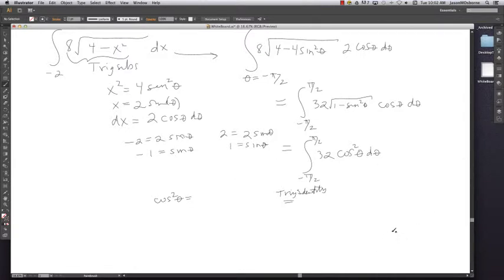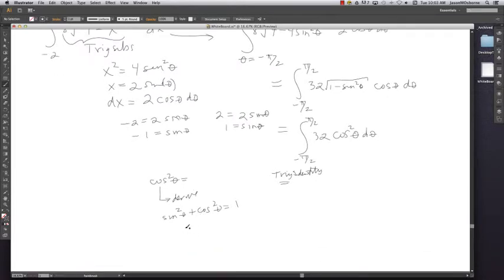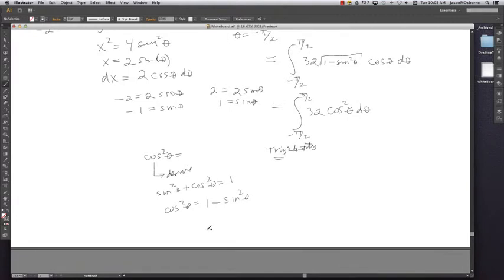Well, we could do an internet search for that, or I could derive it from sine squared theta plus cosine squared theta is equal to 1. So cosine squared theta is equal to 1 minus sine squared theta.